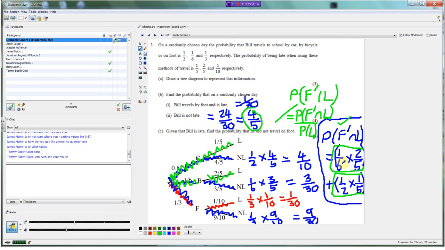So let's just work that out. 1/6 times 2/5 is 2 over 30. Plus a half times 1/5, so that's 1/10, that's 3 over 30. So we've got 5 over 30 over 1/5. 5 over 30 is the same as 1/6, so 1/6 divided by 1/5.